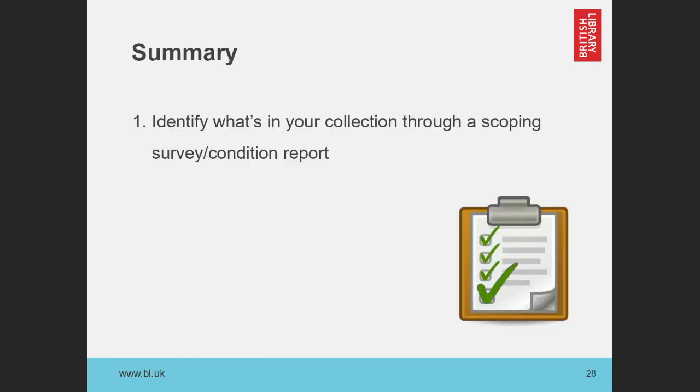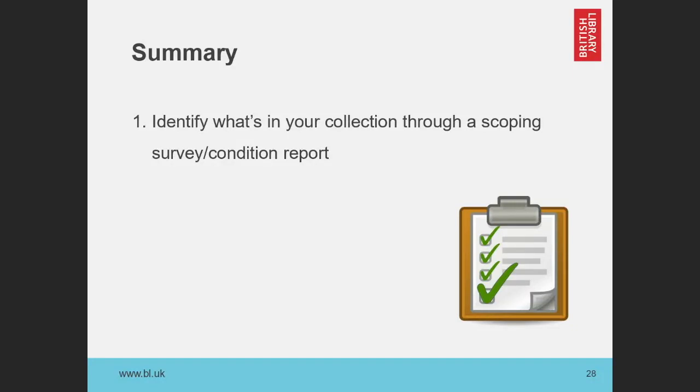So just to summarize what I've been talking about, three points really to take away. The first stage of approaching cataloguing is to identify what you have in your collection, using a survey or conditions report, just to get a sense of the quantity, the file format types, and how long you can predict it will take you to catalogue, that sort of thing.